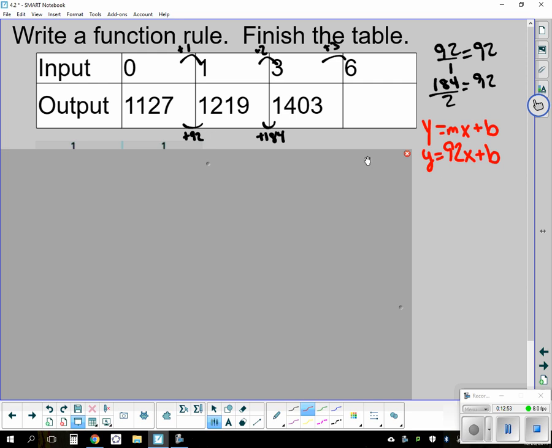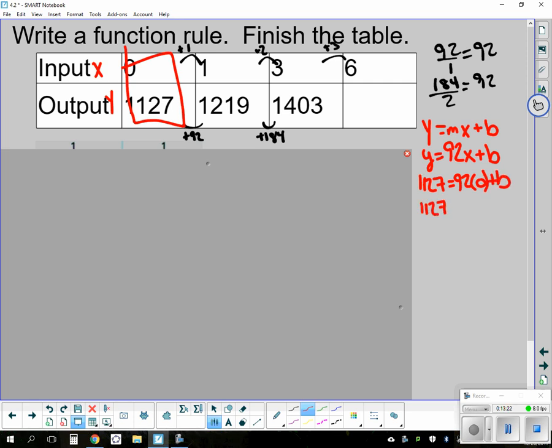The way you do that is plug in any one of your ordered pairs. We know our input is x, our output is y. I always tend to choose the first one, but it doesn't matter, you could choose any of them. If I choose that first one, my y is 1127 and my x is 0.